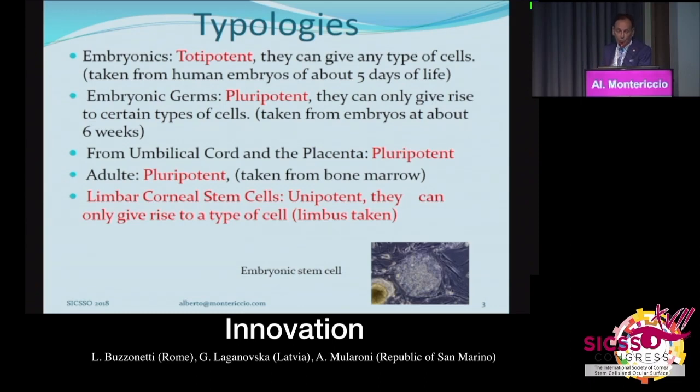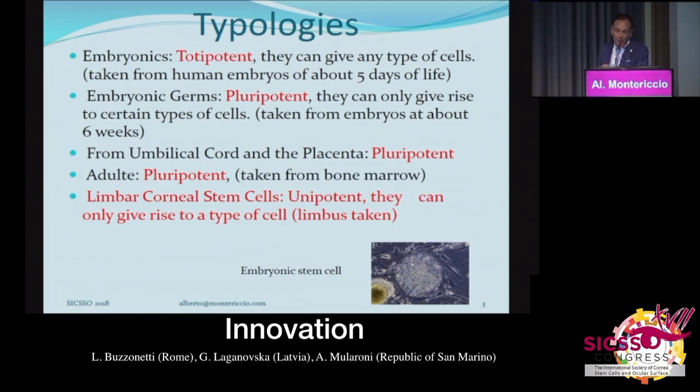But we must know that there are different kinds of stem cells. We have the embryonal ones, the totipotent cells that may produce any other kind of cells, and which are taken from human embryos of about 5 days of life.